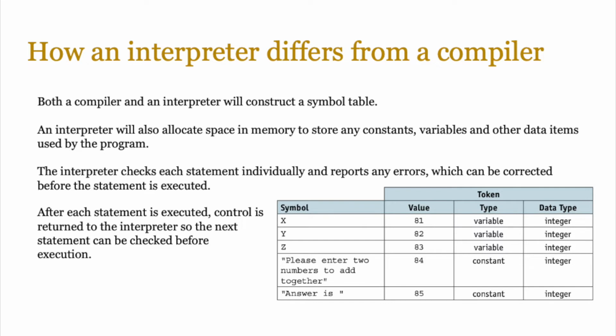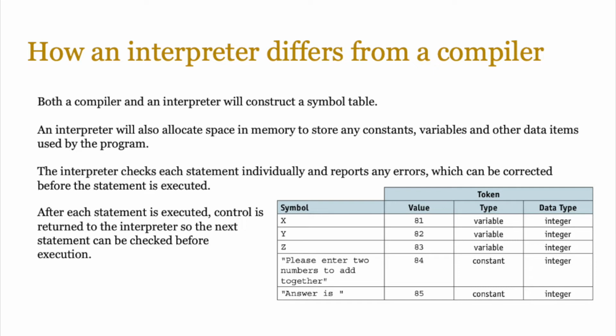So think of this as kind of like using an ASCII or Unicode table to translate text. Now an interpreter will create a table and allocate space for this in memory because reserved keywords like print will already have a token that's been allocated to it by a programming language, but constants, variables, and other data items that have been used by the program, they will need to be stored as a token.